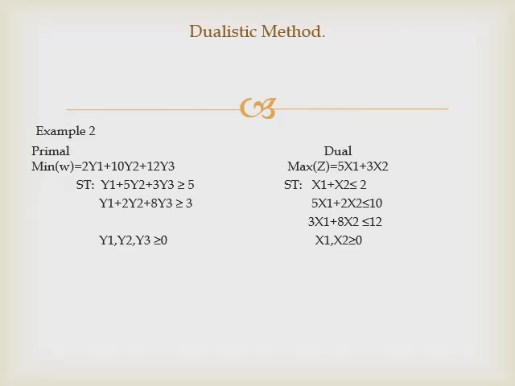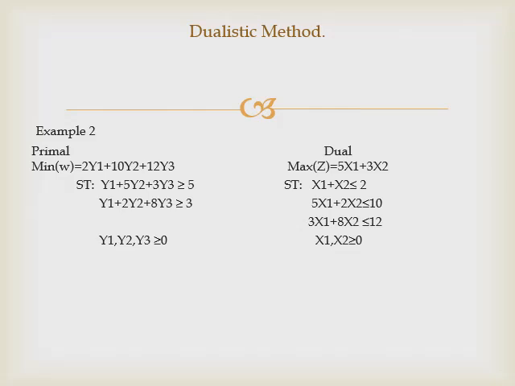The coefficients of these decision variables are 2, which is the cost of 1 unit of y1, 10 is the cost of 1 unit of y2, and 12 is the cost of 1 unit of y3.